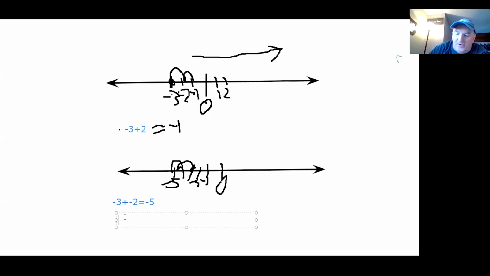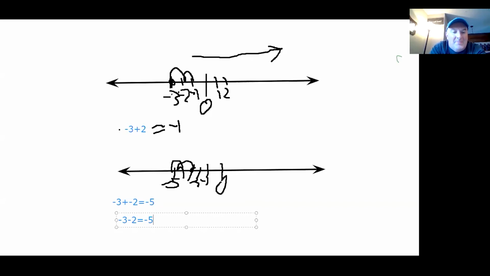You can make it -3, and since it says plus a negative, you could just go -2 if you want. So -3 minus 2 equals -5. Okay? Do what makes it easiest for you to figure out. Yes, I agree, Mason.